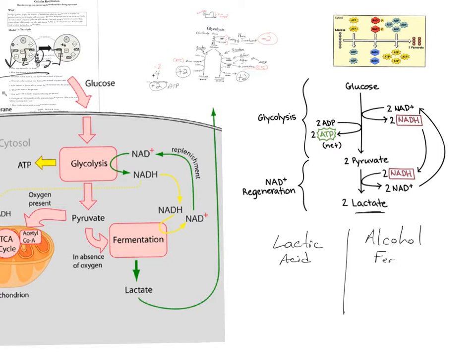So they do the same thing that we do here, where we take NADH and we use it up to produce NAD plus. And they do the same thing, but instead of producing this molecule of lactate that leaves the cell and goes into the bloodstream, they produce alcohol.